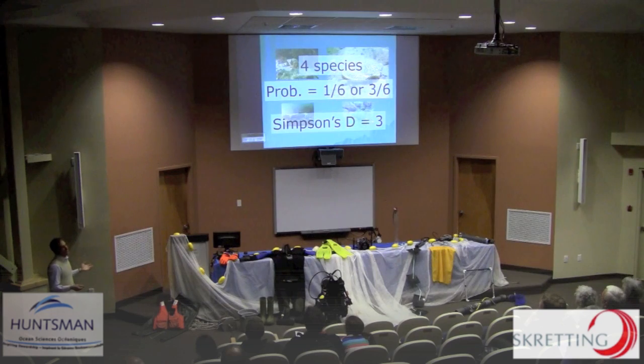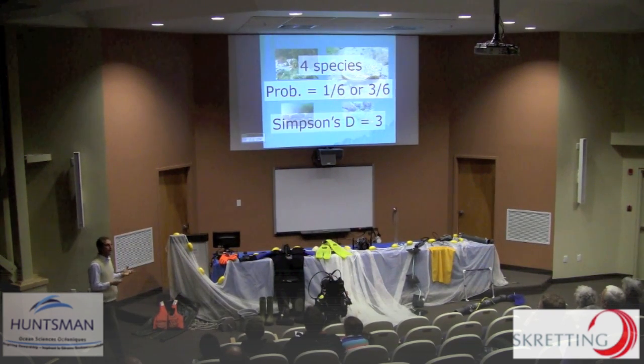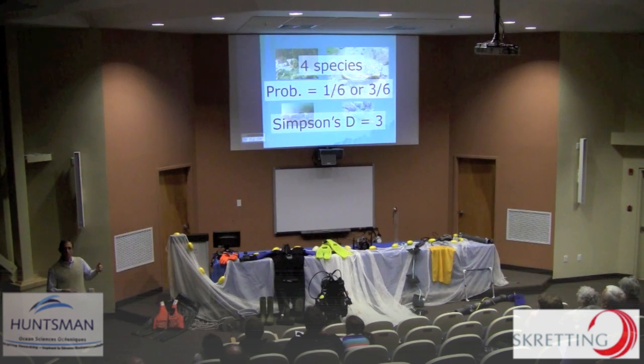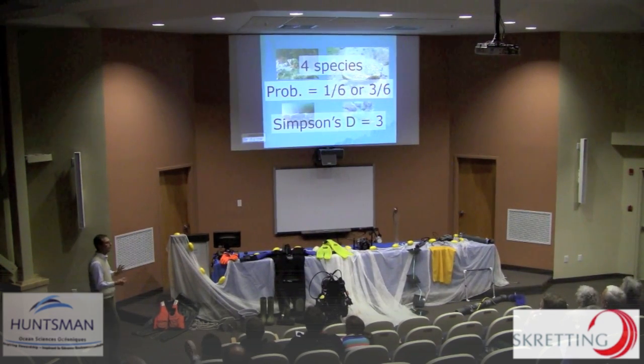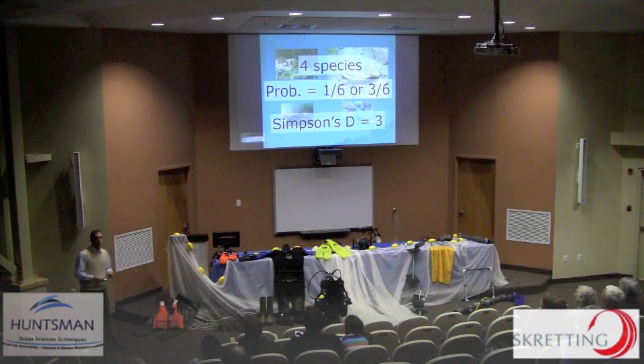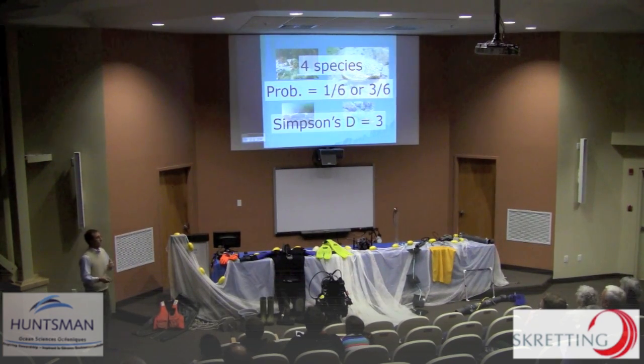And something like a Simpson's D, a diversity index, would reflect that change in proportions, so that now the diversity is a little bit less than the previous sample where they're all evenly distributed, because the sample is being dominated by scallops. I hope that was easy enough. It's easy enough for me to understand, so it's got to be easy enough for you to understand.